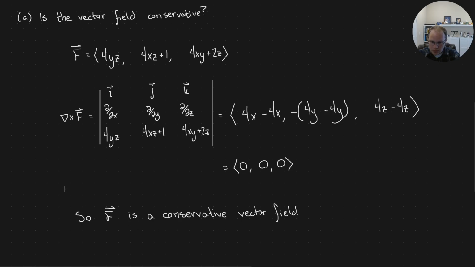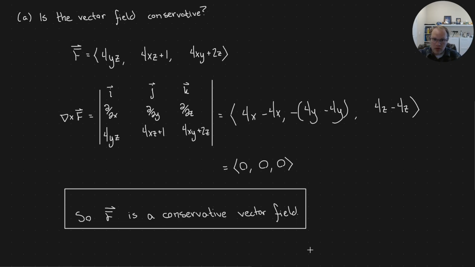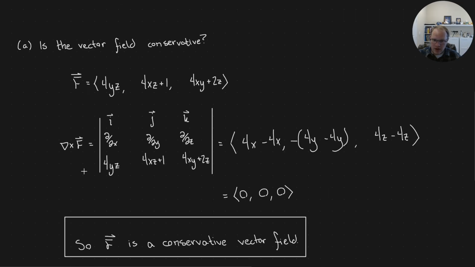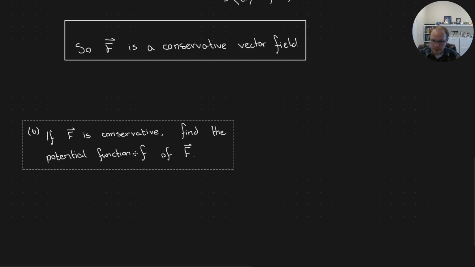Okay, so part A is done. We have determined that f is a conservative vector field. Now, since it's conservative, that means it has a potential function. Let's find that potential function.